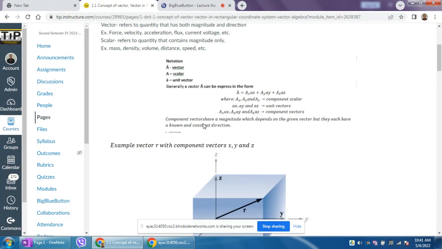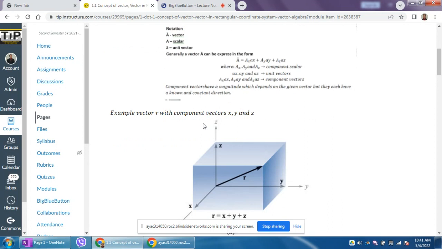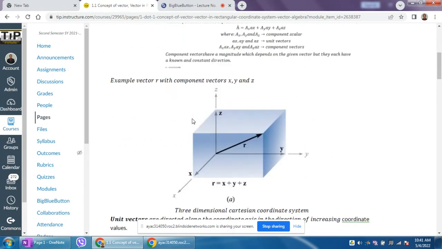So component vectors have a magnitude which depends on the given vector, but they each have a known and constant direction. So example po ng vector R ang ginamit dito with component vectors X, Y, and Z.